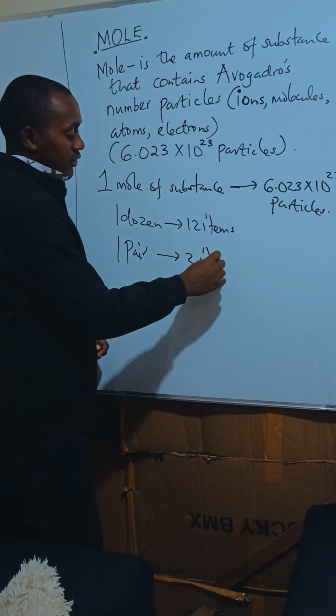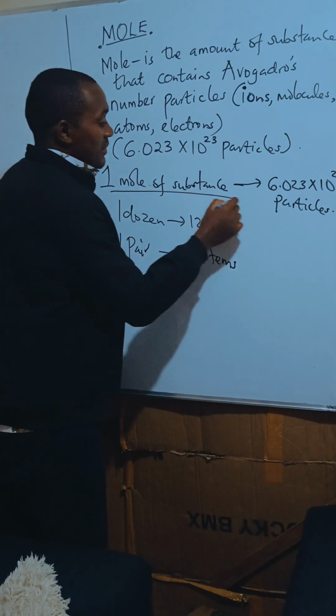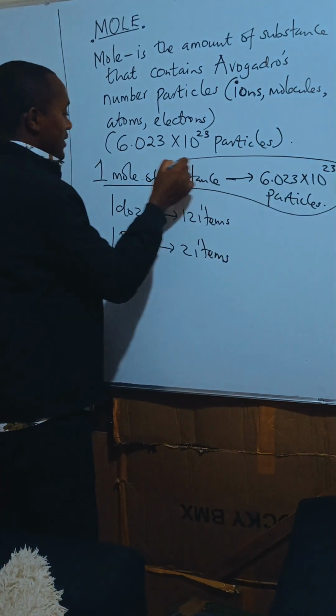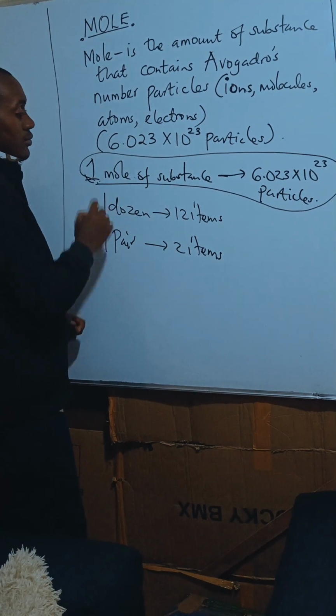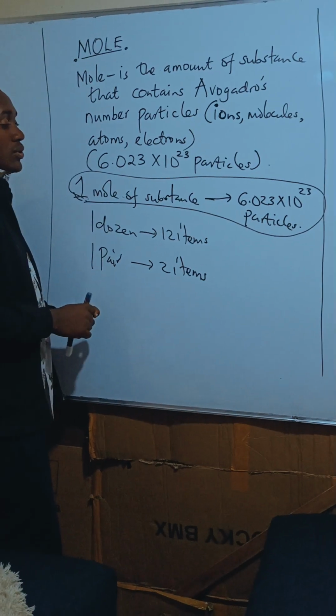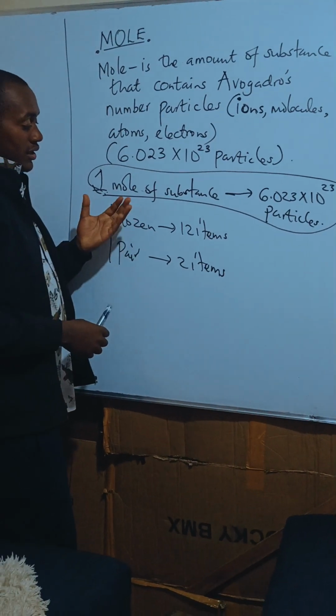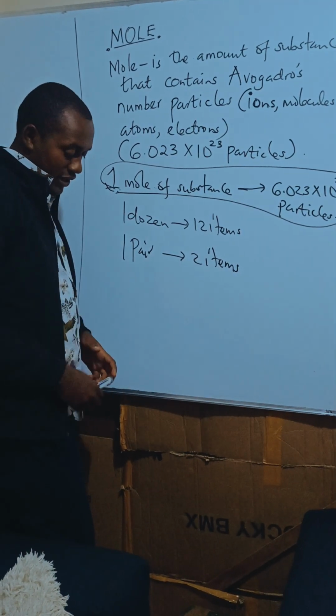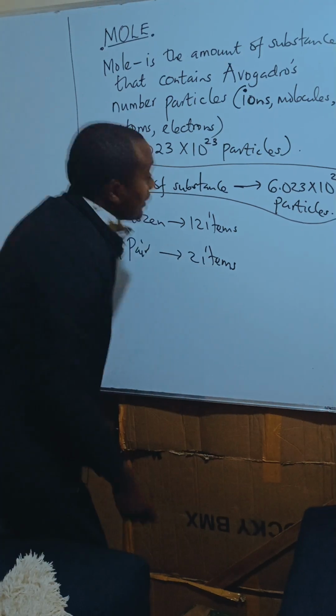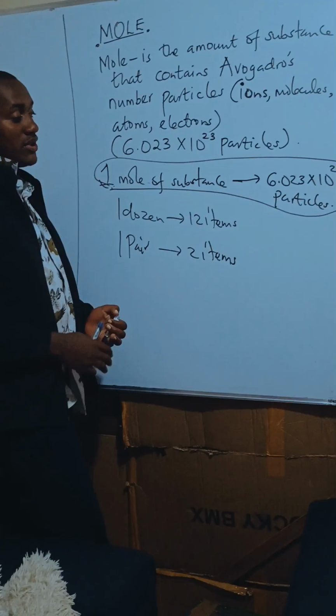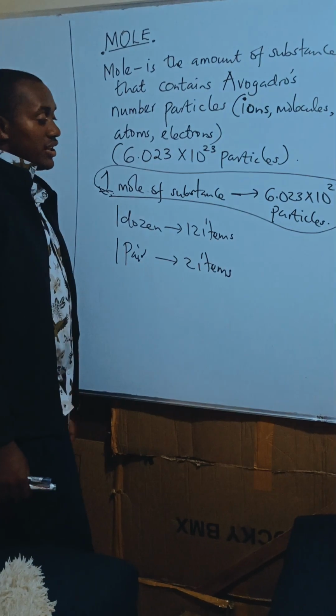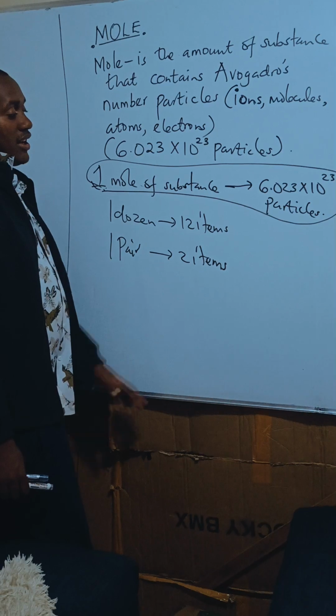So also chemists use this universal thing to equate particles. So 1 mole of a substance contains 6.023 times 10 power 23 particles.